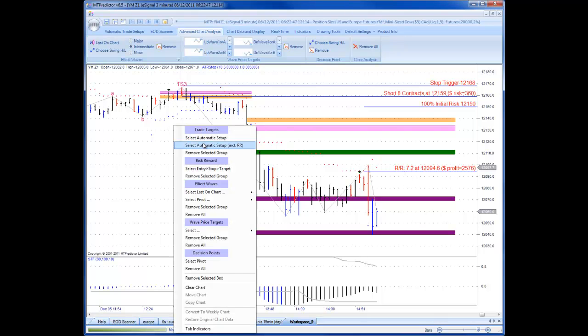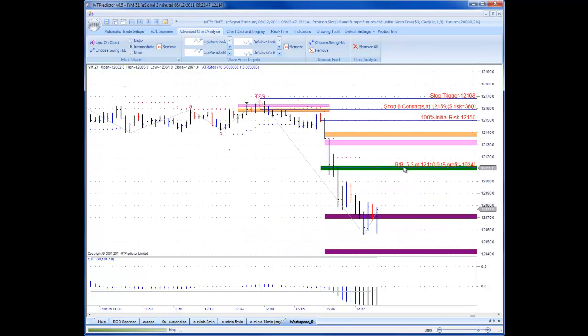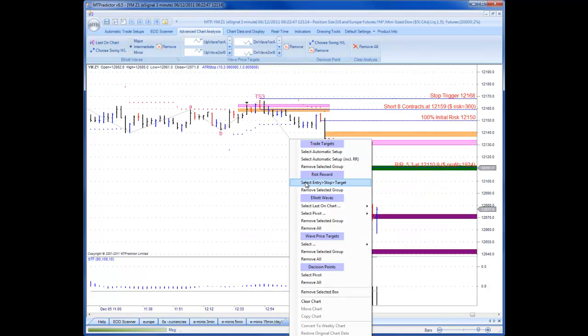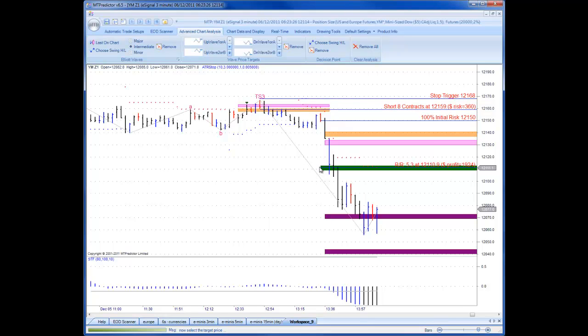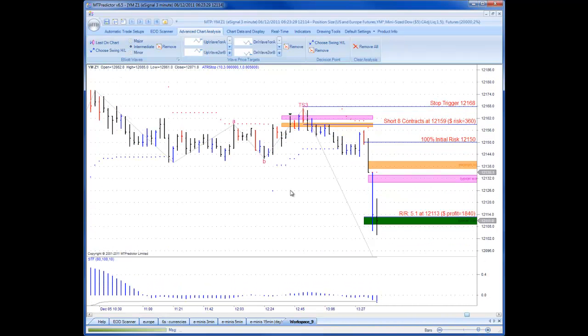Even if you'd actually decided, I want to come out at the typical wave 3 WPT back here, just put the risk reward on again, even at this level it was still a lovely plus 5.3, 5.2 I think, 5.1R. So let's call it 5R. So even at the typical wave 3 WPT, which is there, it still would have been a plus 5R trade, which would have been a very good trade indeed.